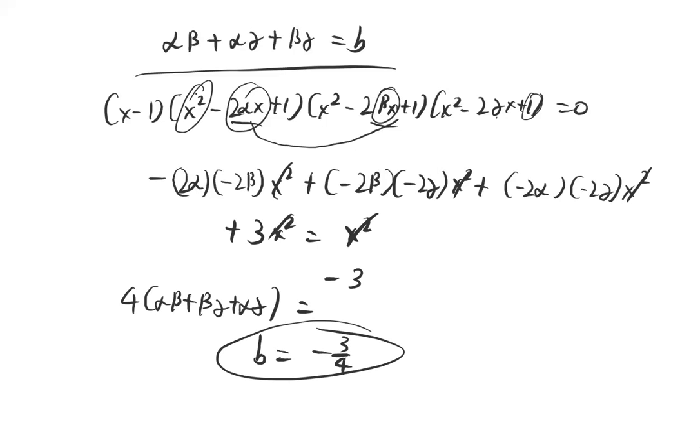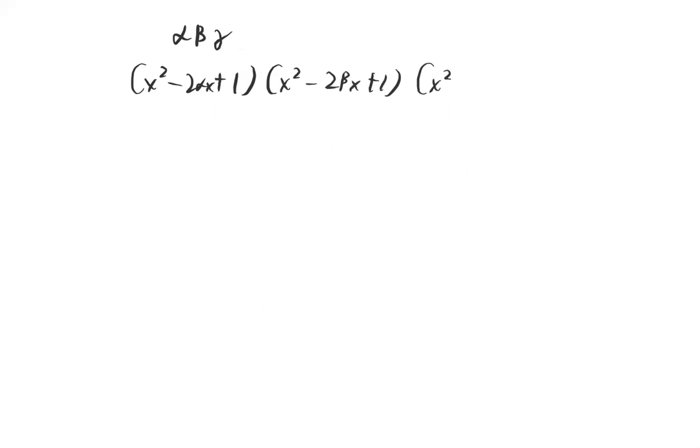On to the last one. For the last one, we want to get alpha, beta, gamma. So what we want to do is we want to times these three together.